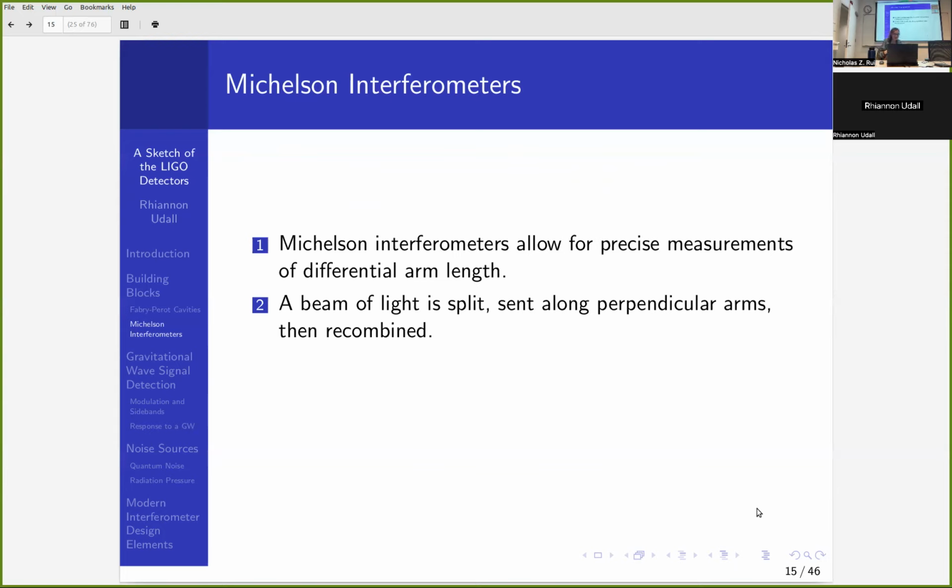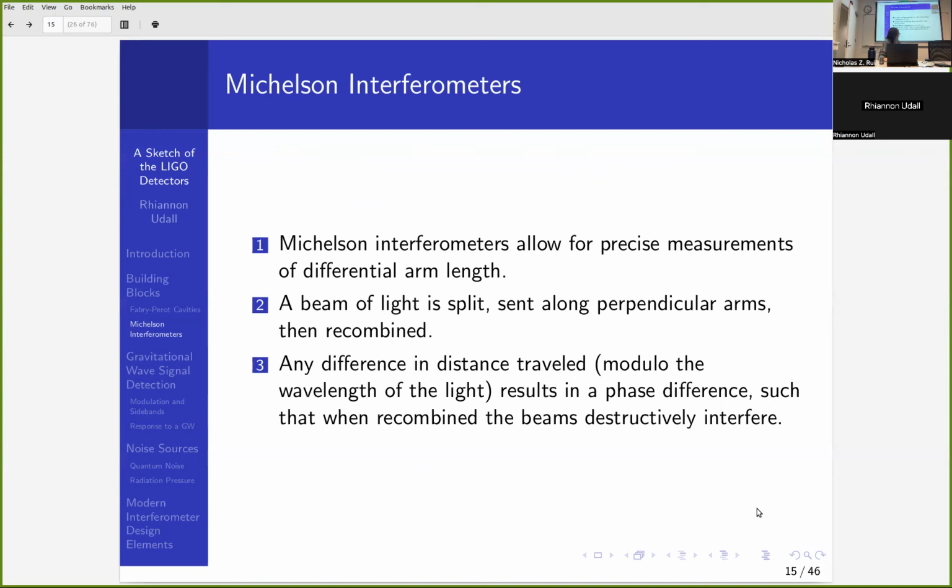If these beams in traveling along these perpendicular arms gain a different amount of phase, then when they recombine, they may be out of phase. And if that occurs, they'll destructively interfere instead of constructively interfering, to the point where it's possible to get fully no light at all.